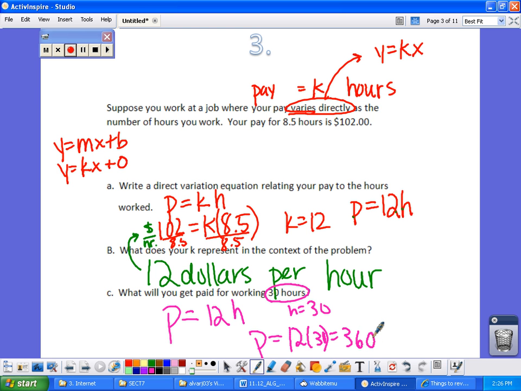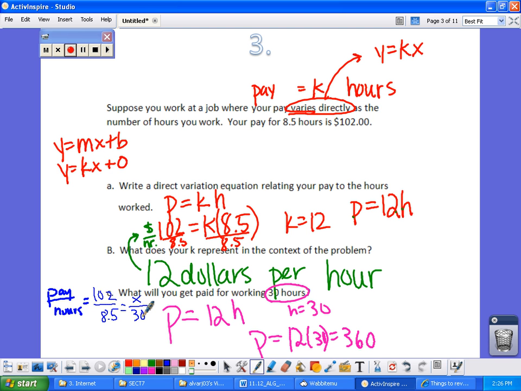Now, is that the only way to do this particular problem? Absolutely not. What you can do is compare your pay to the hours, and you can say, in the beginning it was $102 for 8.5 hours, so what would it be for 30 hours?